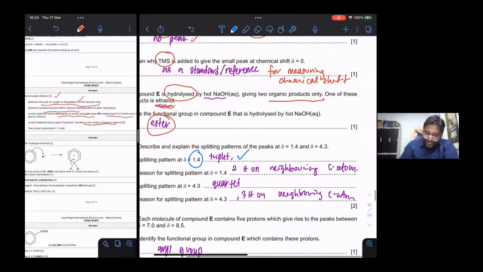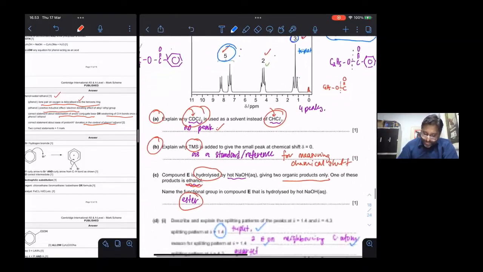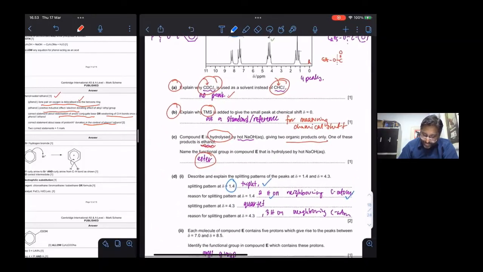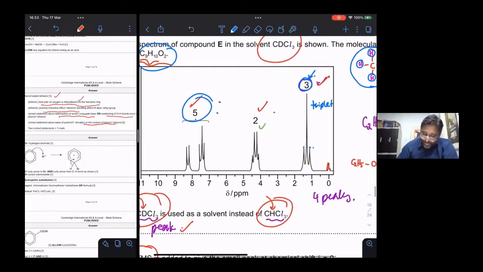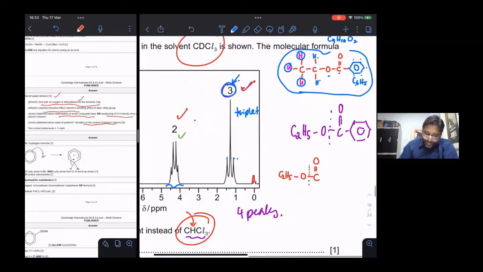Why is there a splitting pattern? 2 hydrogen on the neighboring carbon atom. So that is going to be the reason. And then we are going to look at the splitting pattern of 4.3. So 4.3 is this one. You can see that the splitting is going to be quartet. It means the neighboring must have 3, because 3 plus 1, then only you get 4, quartet.